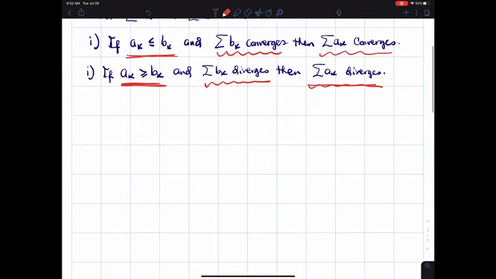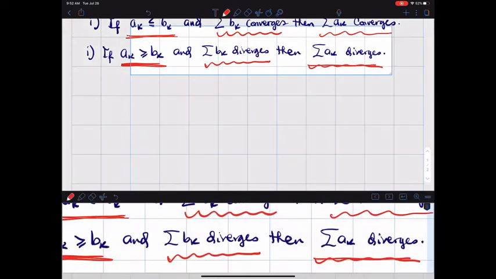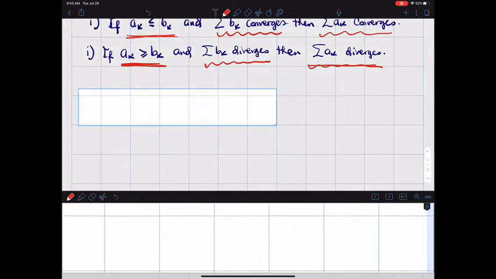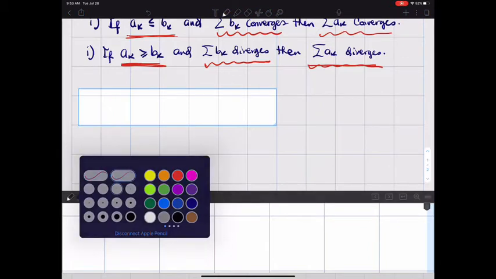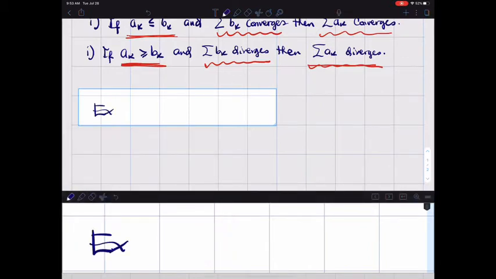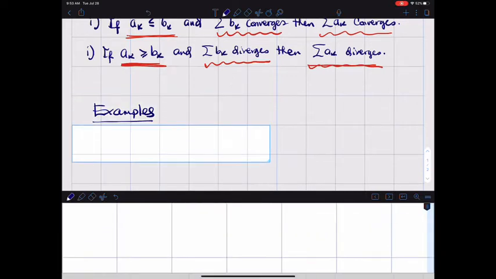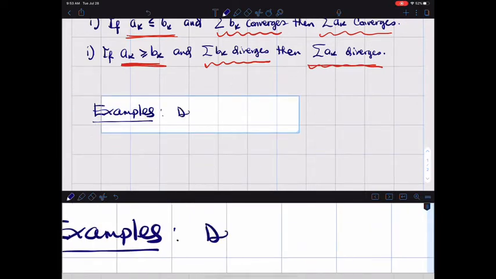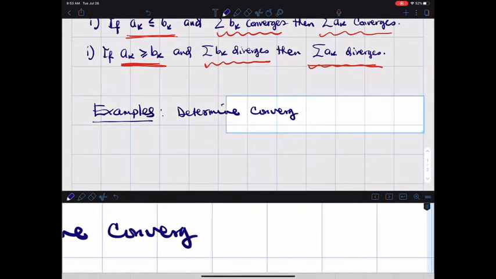All right, so let's do some examples right away. Let's determine convergence or divergence.